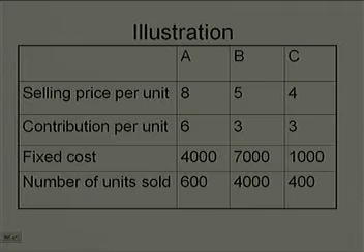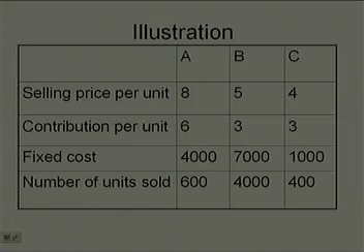This example is supposed to illustrate the concepts of multi-product linear break-even analysis. For this, I assume that a company manufactures 3 products: product A, product B and product C. Now, I have collected data for these individual products from the company records.